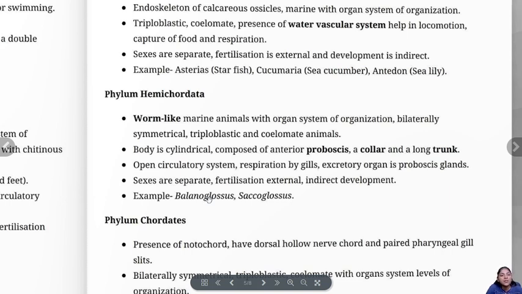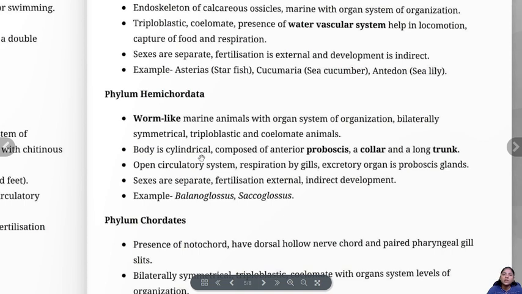Then bilateral symmetry, triploblastic and coelomate animals. Then the body is cylindrical, composed of anterior proboscis, a collar and a long trunk. So here the body of organisms is cylindrical, tube-like, and it is divided into these three parts, that is the anterior proboscis, collar and long trunk.